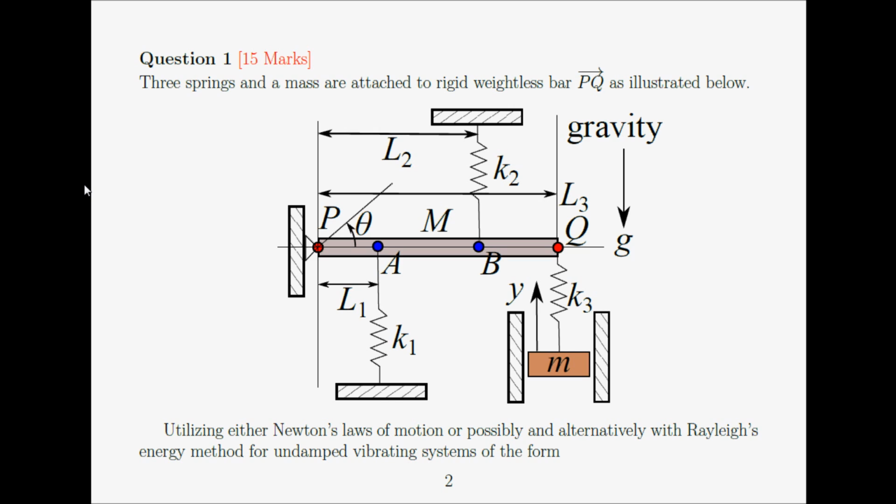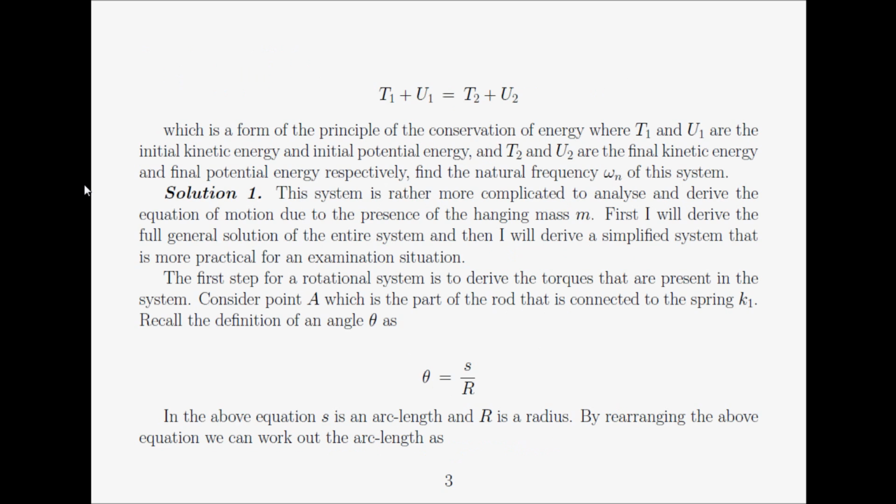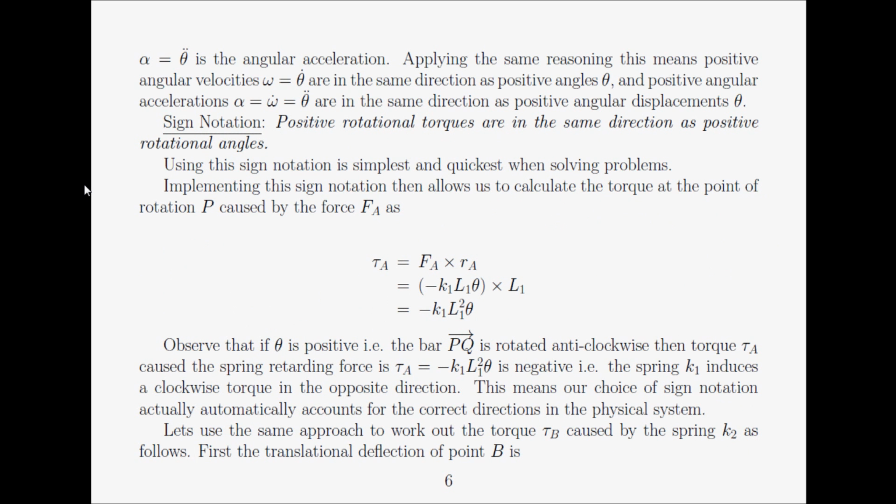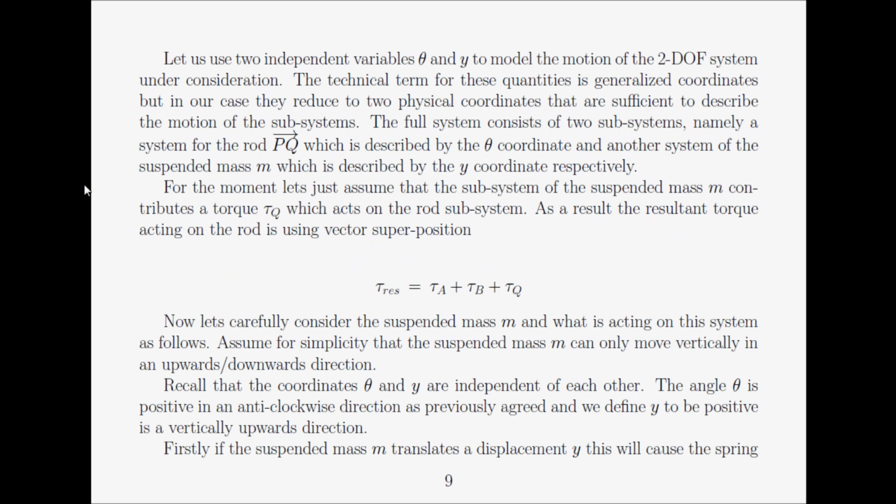For example, if y is positive, we will squash the spring, and that will cause a retarding motion. If theta is positive, it will stretch the spring. If y is negative, it will stretch the spring, and if theta is negative, it will squash the spring. So there's a type of resultant motion acting on the spring K3.